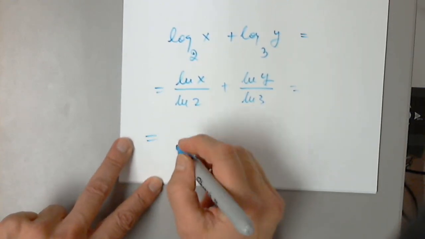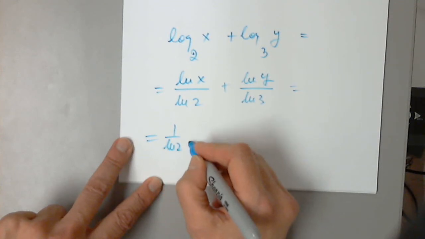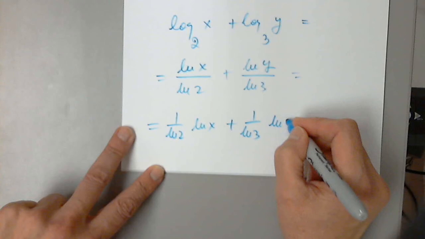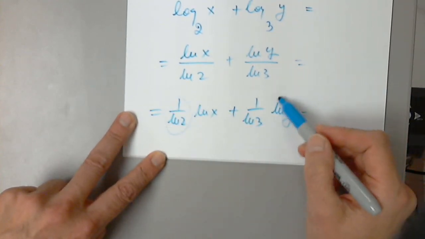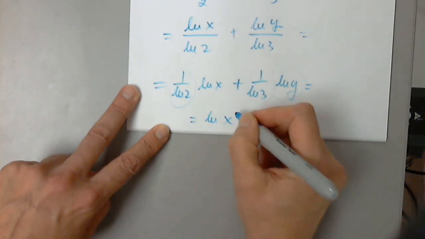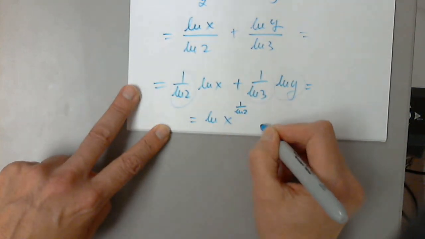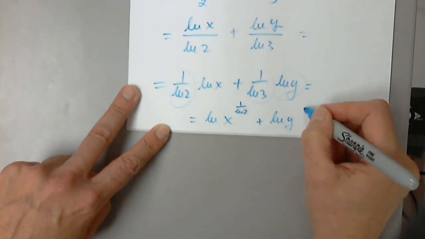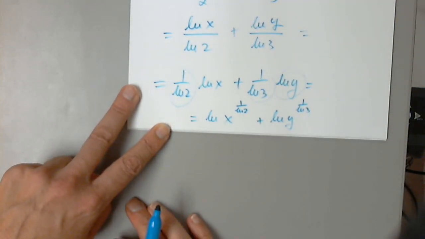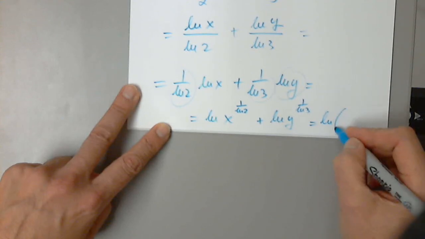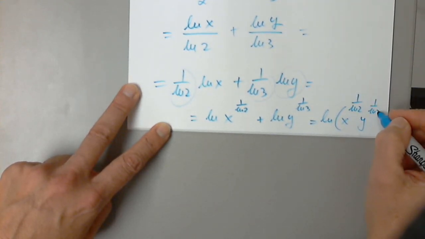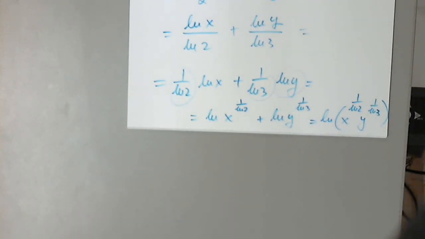So this becomes 1 over natural log 2 times natural log x plus 1 over natural log 3 of natural log y. And now these will become the powers. So natural log x raised to 1 over natural log 2 plus natural log y raised to 1 over natural log 3, and now you can multiply them. So then you have natural log x to 1 over natural log 2, y to 1 over natural log 3.